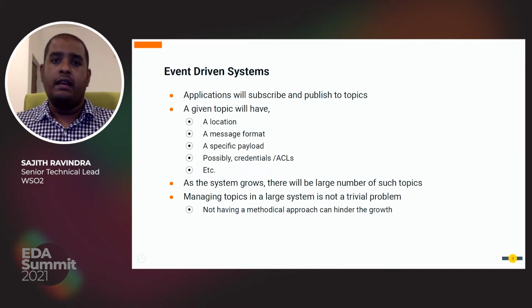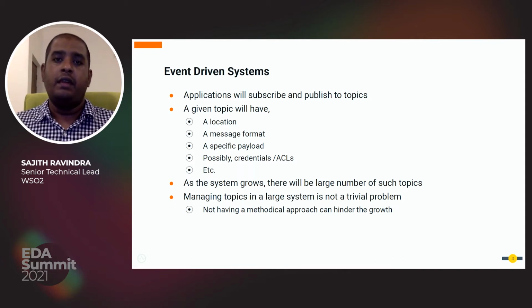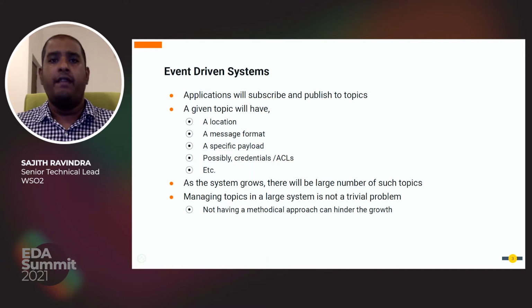Another fact that we have to take into account is that these system stakeholders can be within your same team, or sometimes these stakeholders might be spread across multiple teams. There might even be third parties who are interested in your system. So when your system grows, how can you help these stakeholders connect to your system and collaborate effectively?